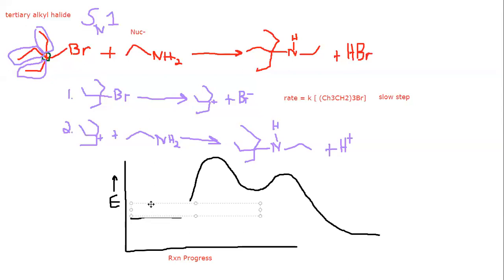I'm just going to write them in their formula form, it'll be easier. So we have our reactants. In the first step, we form our carbocation.